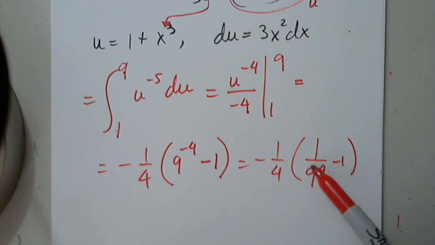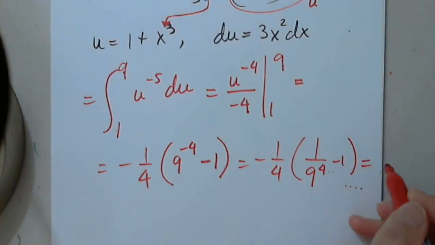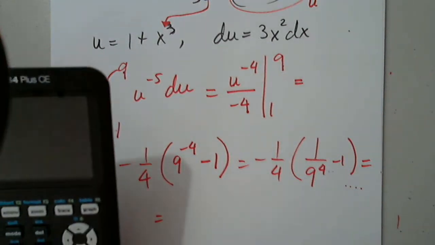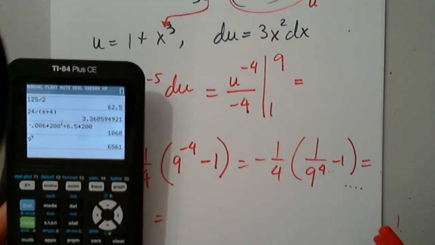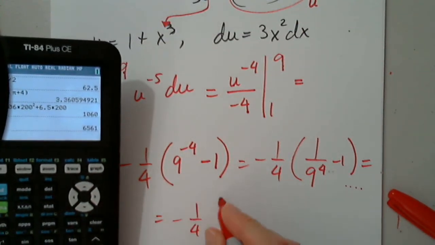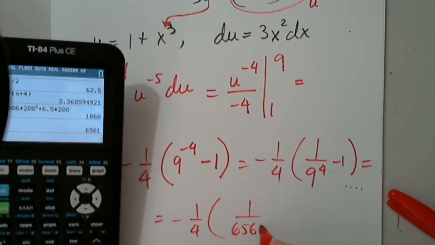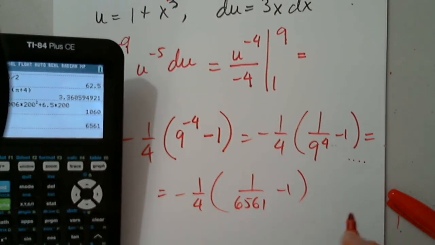I don't want to do anything with this. We can. I mean, I don't like leaving anything in the middle, but let me see what 9 to the 4th is. 6561. So negative 1/4, 1 over 6561 minus 1.